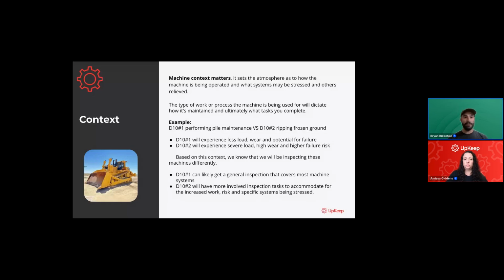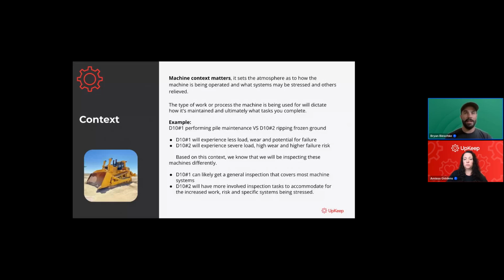So we know we're going to have to look at these machines a bit differently when it comes to writing tasks. With D10 number one, we can likely get a general inspection that covers most machine systems, cleaning, adjustments, general service, whatever. D10 number two will have a more involved inspection task to accommodate the increased work, risk, and specific systems being stressed.